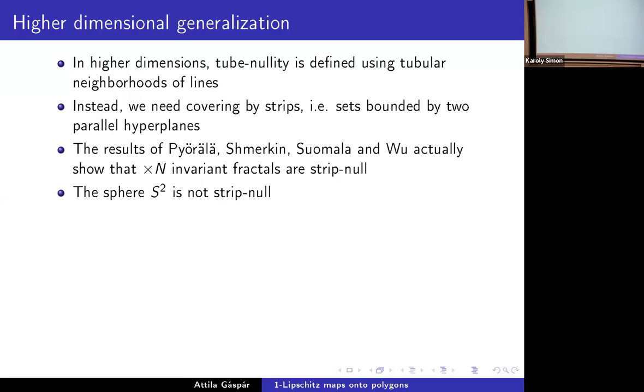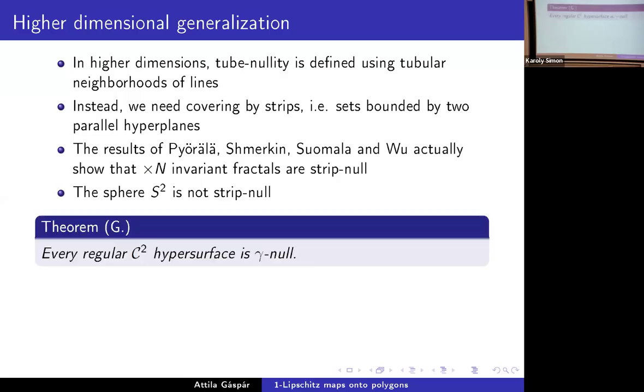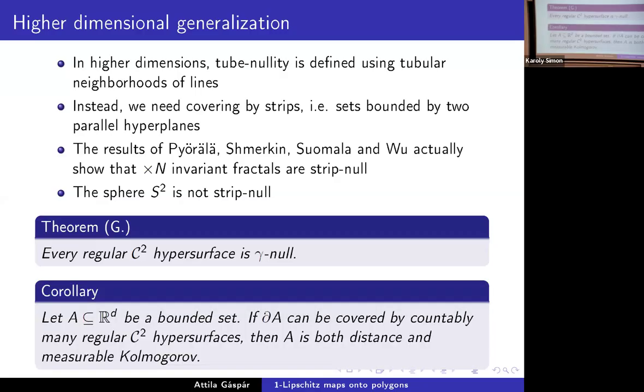But fortunately, by directly constructing a generalized strip, we can show that every regular C2 hypersurface is gamma null. And from this, it follows that if the boundary of a bounded set in higher dimensions can be covered by countably many regular C2 hypersurfaces, then it is both distance Kolmogorov and measure Kolmogorov.